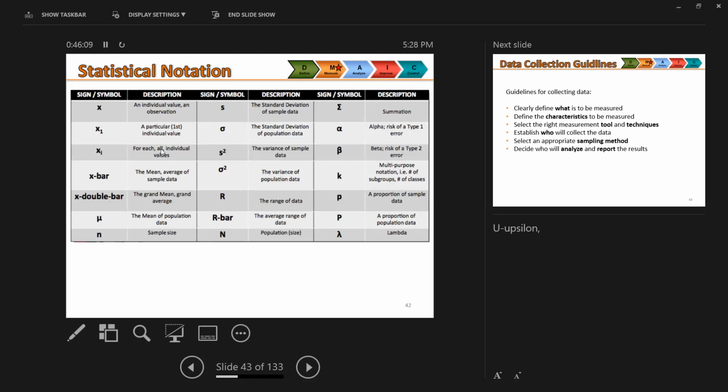Standard deviation we use a lot. The mean, the mu here, second to the bottom on the left, we'll use that a lot. Sample size is always a small n. There's a common language when you're looking at statistics and formulas. Again, this is not on the exam.